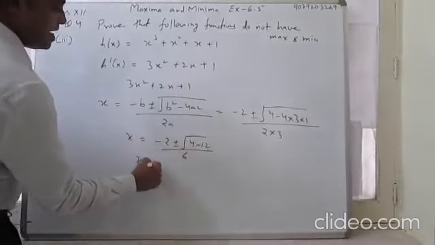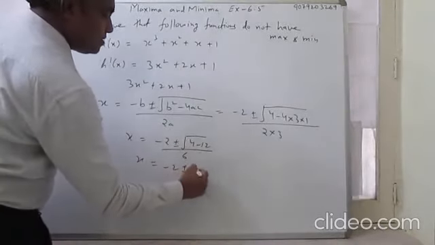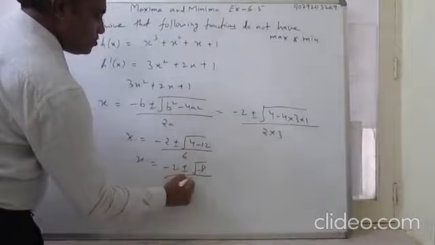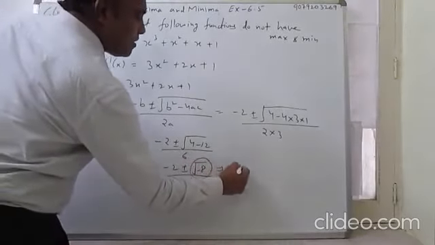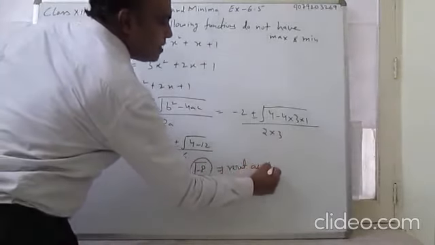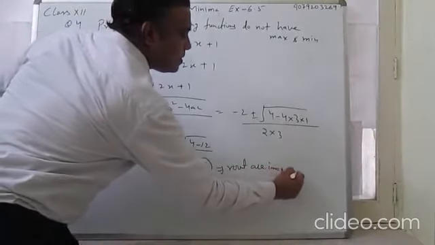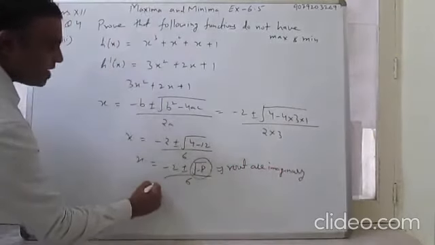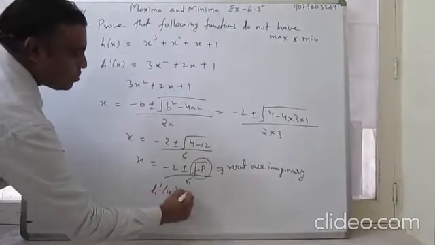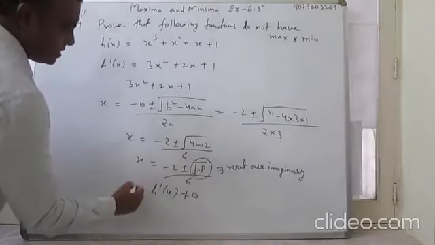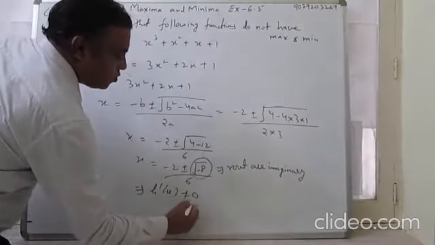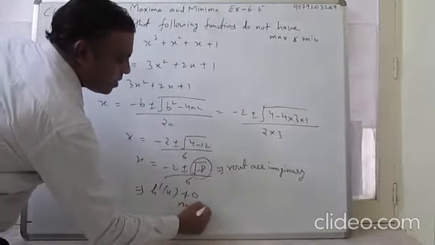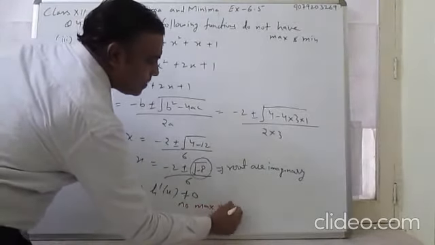So it is x minus 2 plus minus under root minus 8 upon 6. So this implies that roots are imaginary. So we cannot find h dash x equals to 0. This implies h dash x not equals to 0. So do not have maxima and minima.